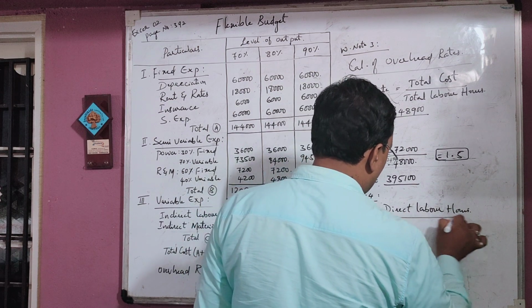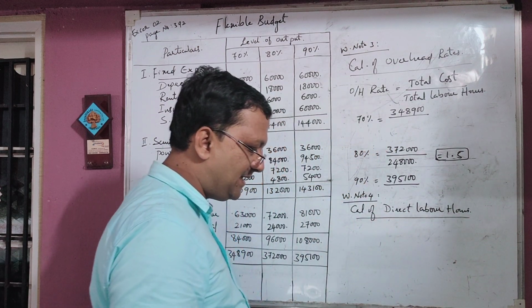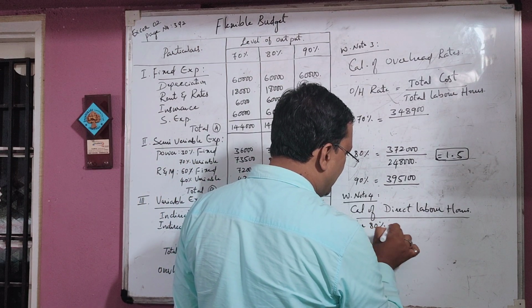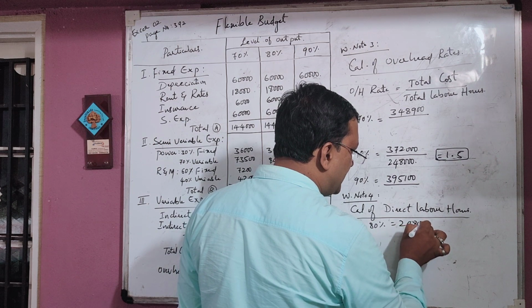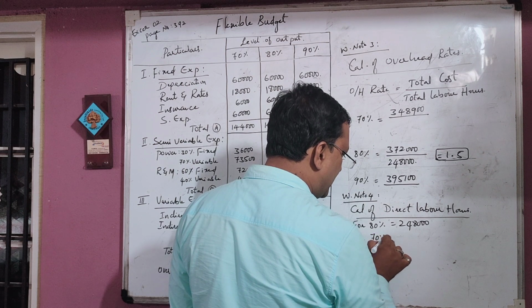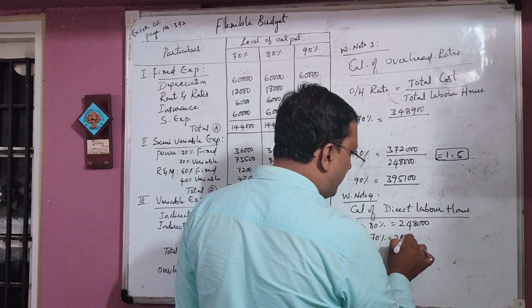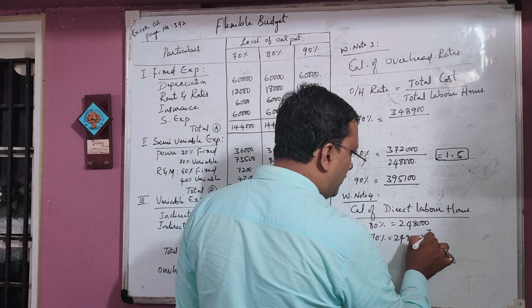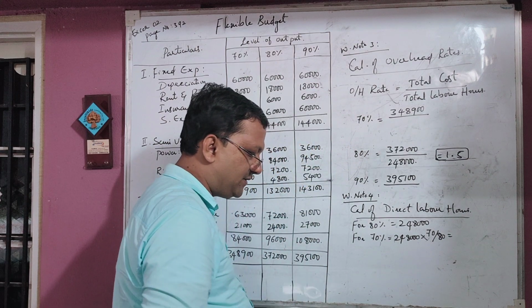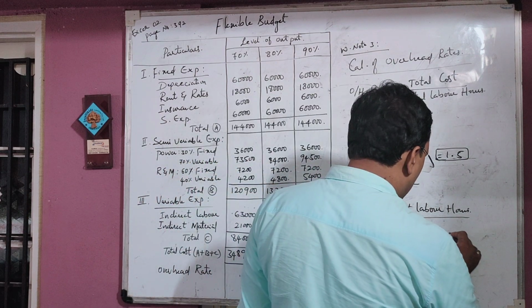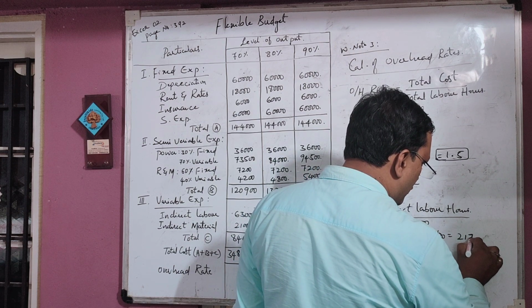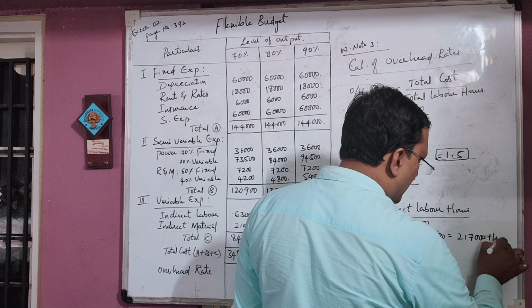For 80%, the base is 80, and 2,48,000 is given. For 70%, 2,48,000 into 70 divided by 80 comes to 2,17,000 hours.